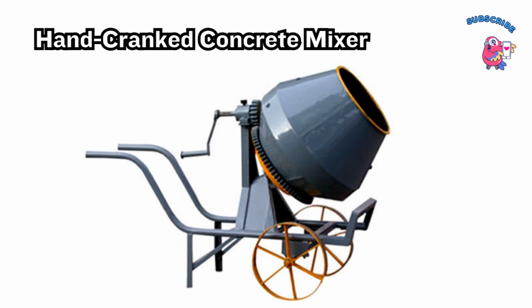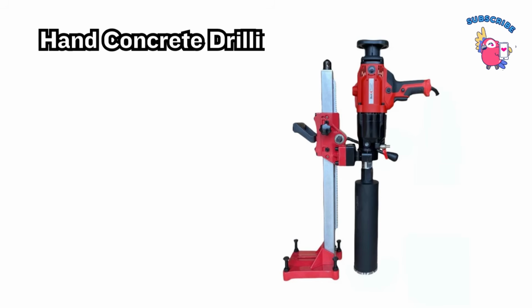Hand-cranked concrete mixer. A hand-cranked concrete mixer is a small concrete mixing machine operated manually by turning a handle. Hand concrete drilling. Hand concrete drilling refers to drilling holes into concrete manually using a handheld drill machine.